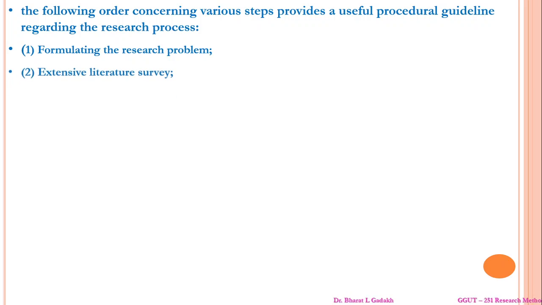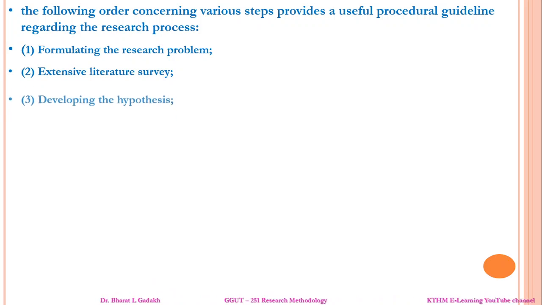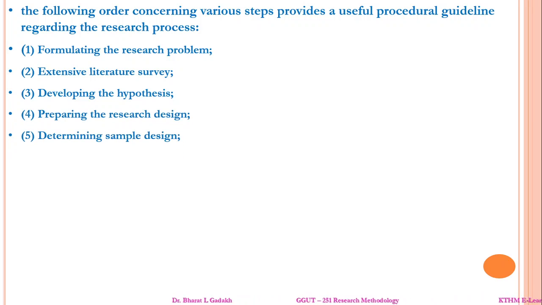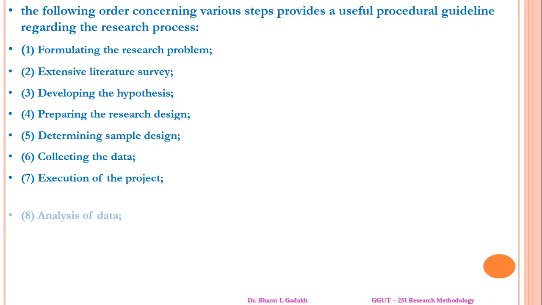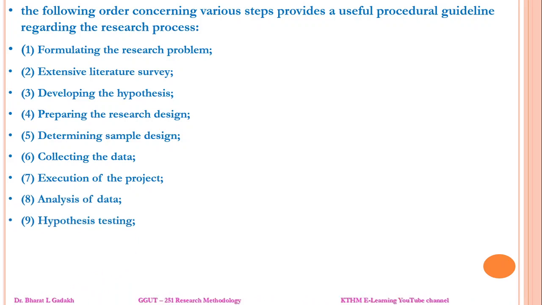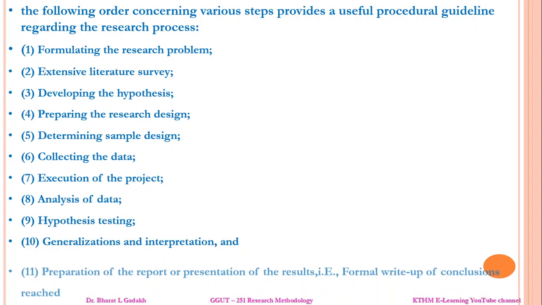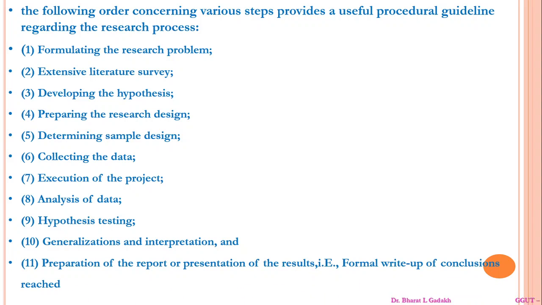Second is extensive literature survey, then developing the hypothesis, preparing the research design, determining the sample design, collecting the data, execution of the project, analysis of the data, hypothesis testing and generalization, interpretation, preparation of the report, presentation of the result, and write-up of conclusions. These are the steps that serve as a step-by-step guideline for the research process.